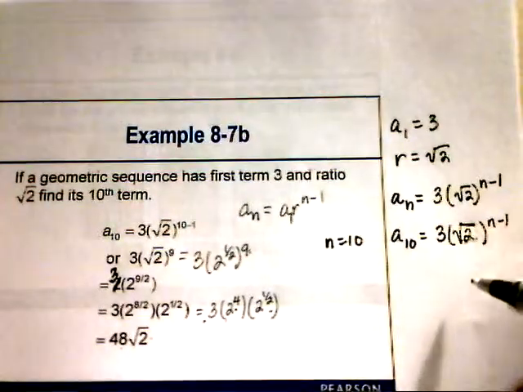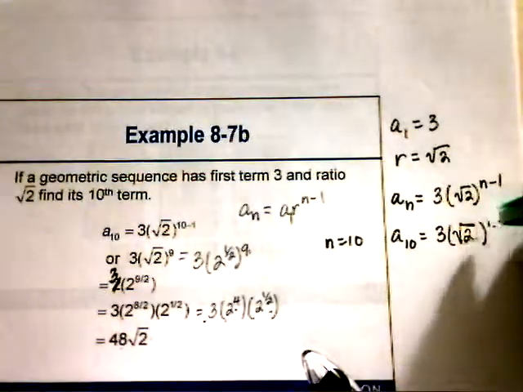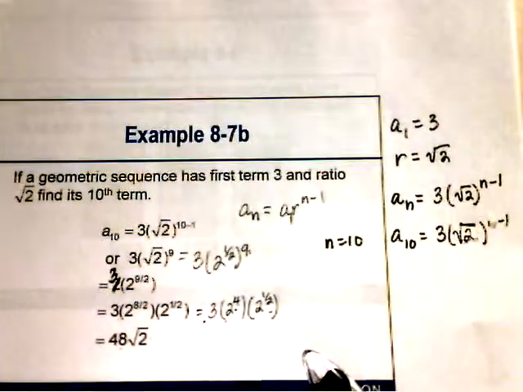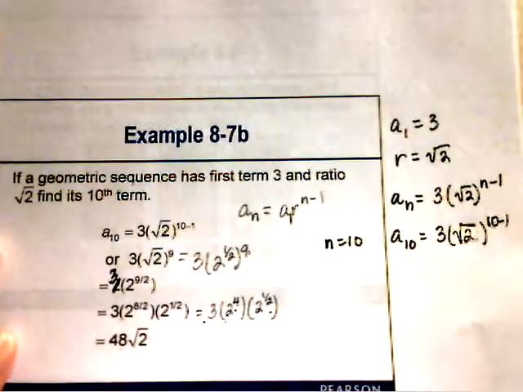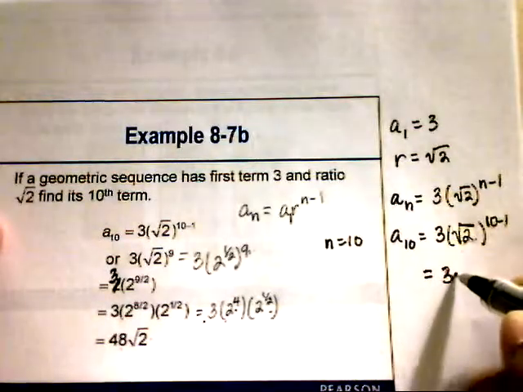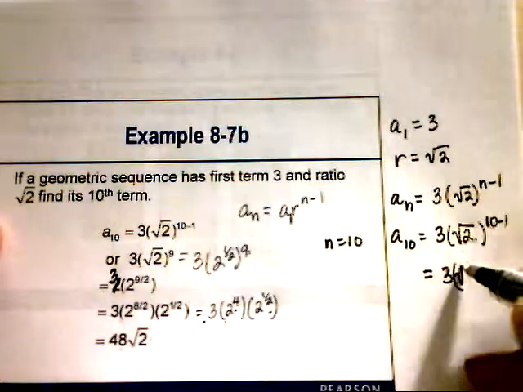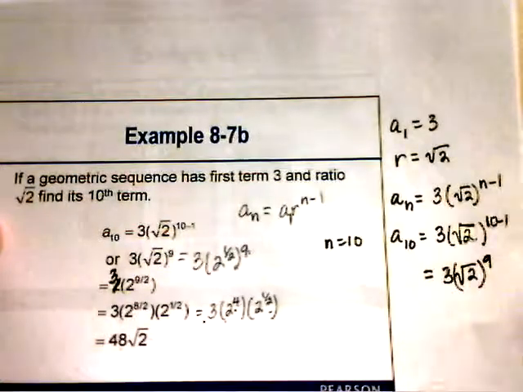And that n is 10, so that should be 10 minus 1, by the way. Now, if I simplify this a bit, you have 3 times the square root of 2. I'm going to keep that in the parentheses. Then 10 minus 1, that's going to be 9.